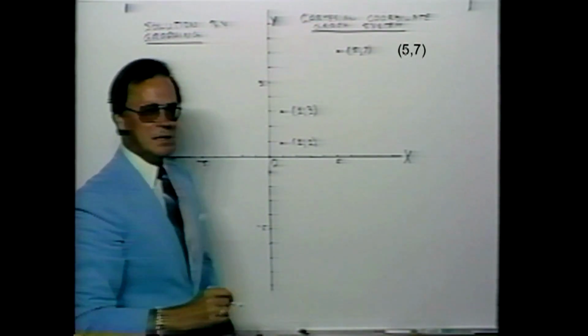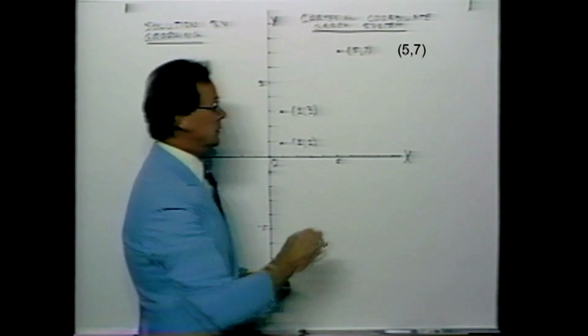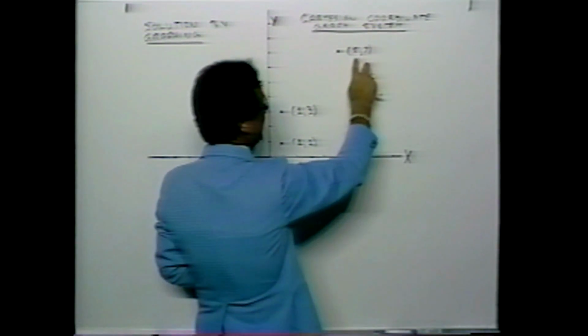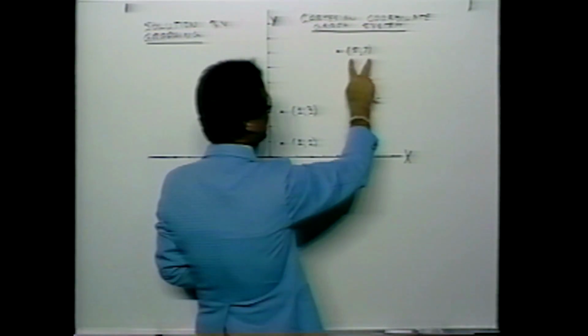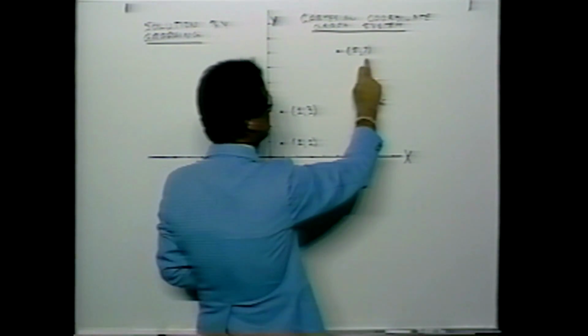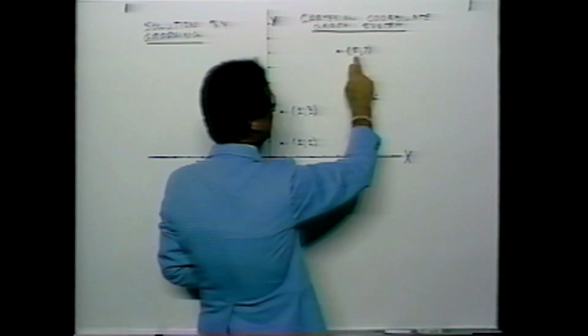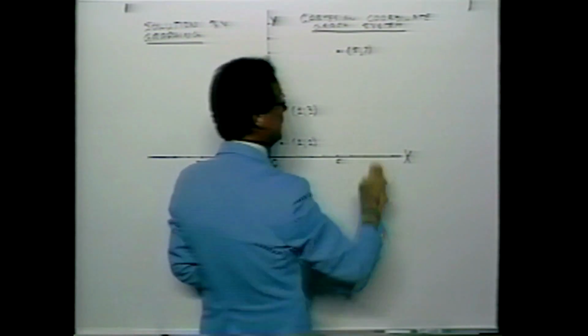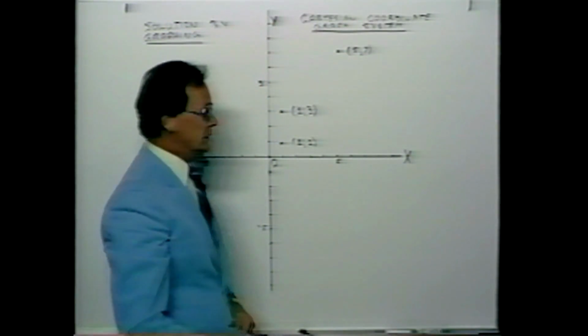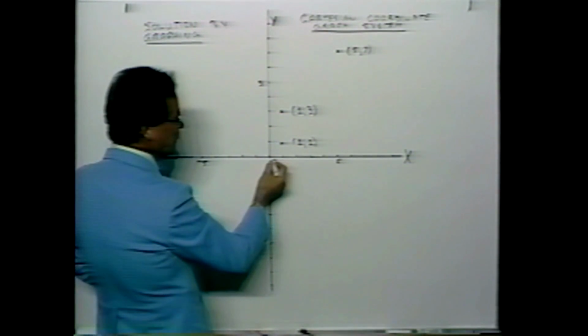You have to maintain consistent order in the manner that the numbers are written within the brackets. All that you see here is part of the reference to the point. In other words, you have a bracket, a number, a comma, a number, and then followed by a closing bracket. This origin, of course, is 0, comma, 0.